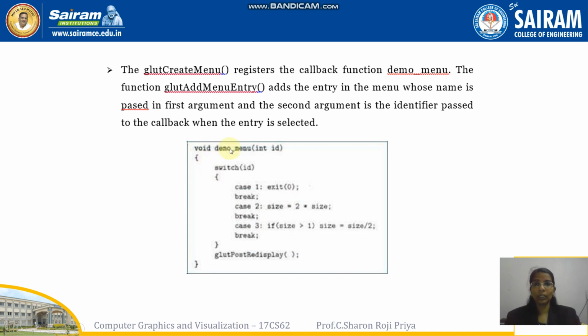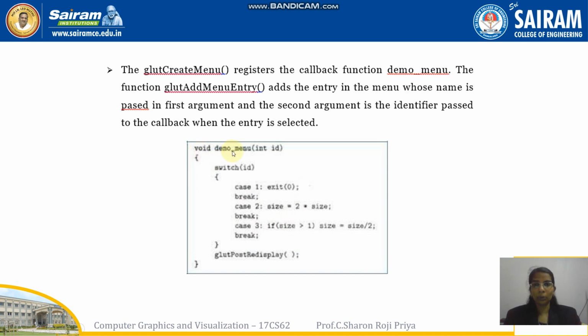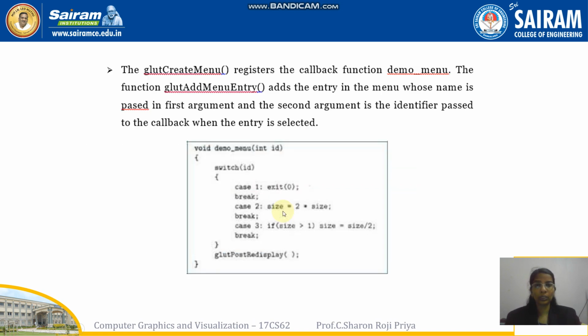This is my callback function, void demo menu. glutCreateMenu registers the callback function. Now I have to define this void demo menu, and each menu will have an identifier. Use the switch case. If it is 1, I have to quit, so I have written exit 0.